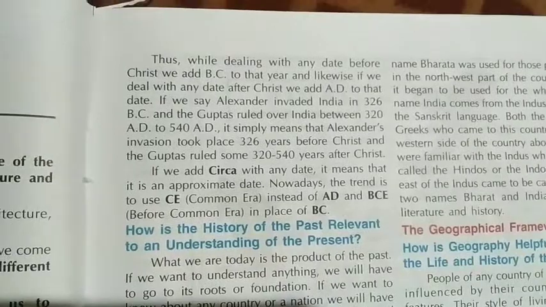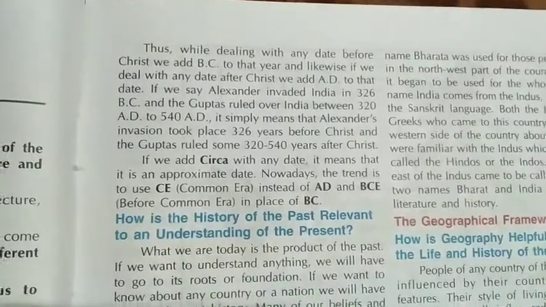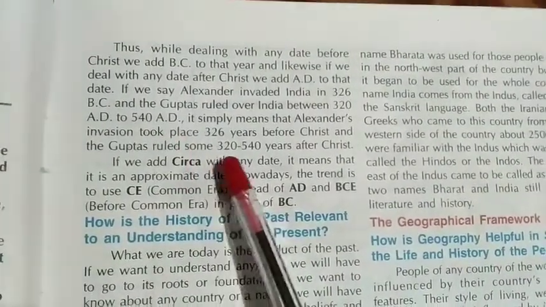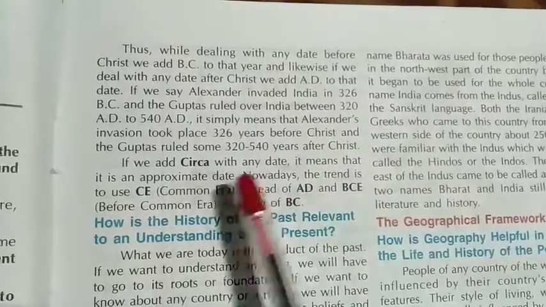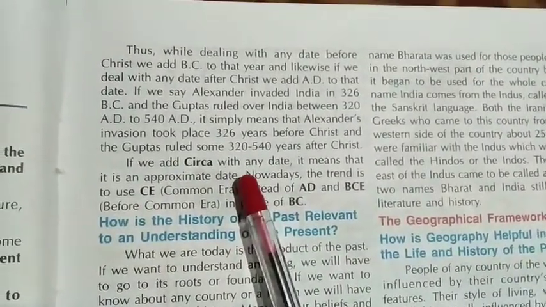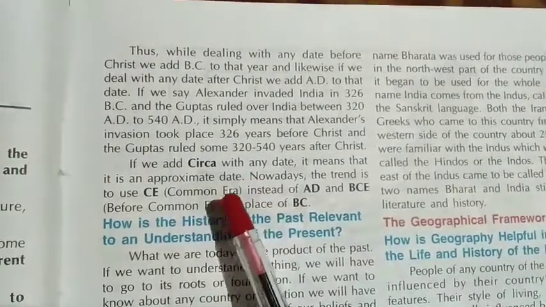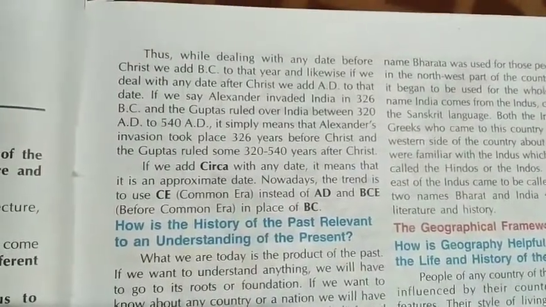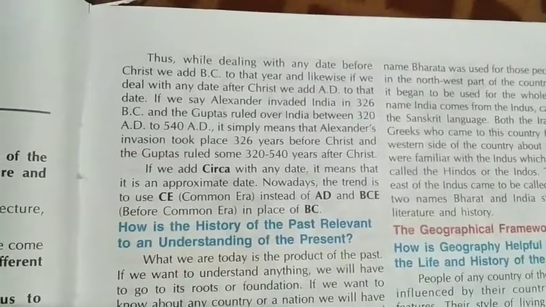Now, if we add circa with any date, it means that it is an approximate date. That means such a date is not the right or the exact, but quite close to that.